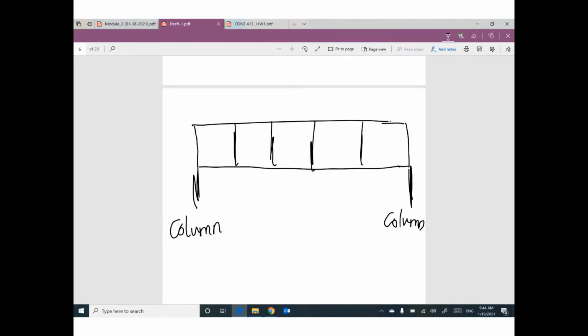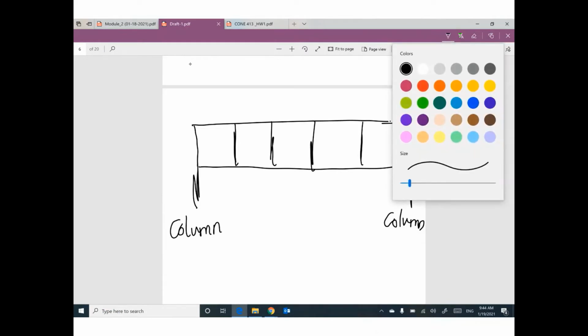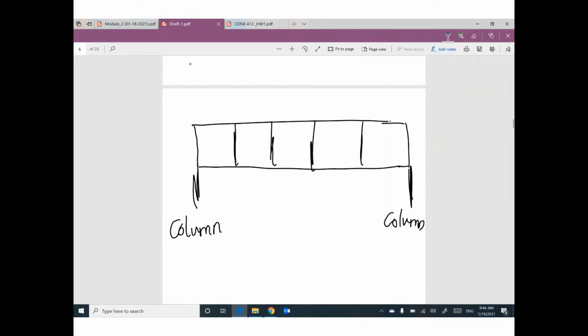My question is, which one is better to put your diagonal, like this or like this? We need at least one diagonal. At least one diagonal is enough. But my question is, which direction of this diagonal, like this or like this? Any answer?